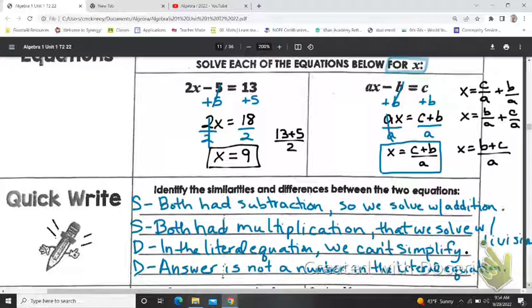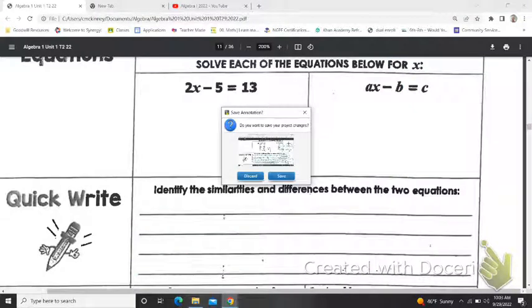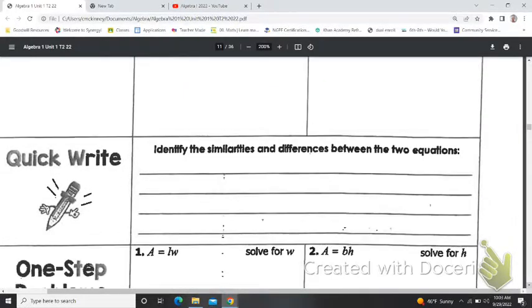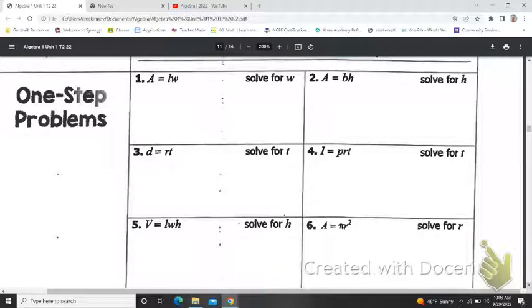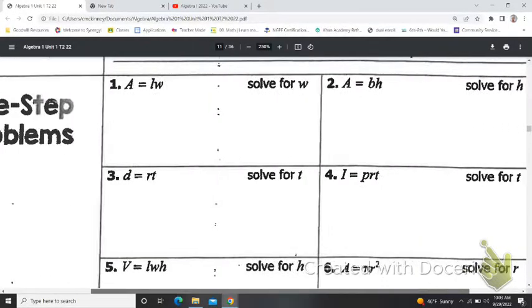All right, so let's move on down here and try some others. The first ones here are just one step, on the bottom of your page. Most of these are formulas. You might be familiar with these formulas from another class, but the beauty of it is even if you've never seen the formulas, some of you know that this first one is L times W, for length times width.